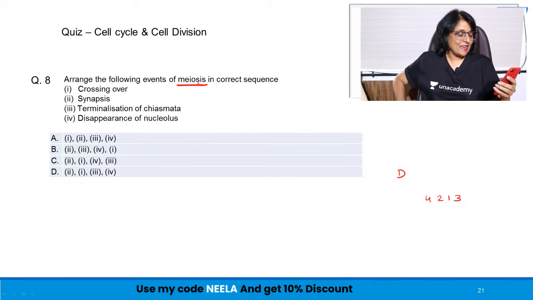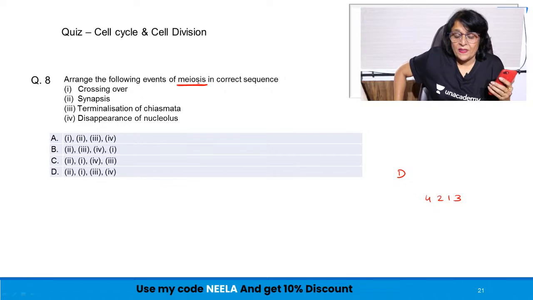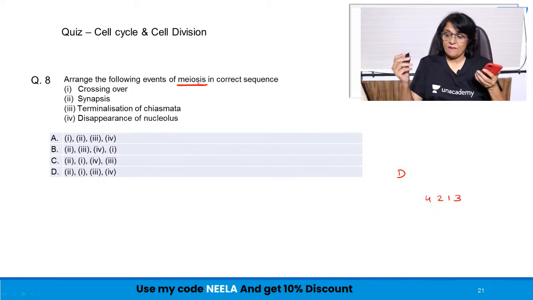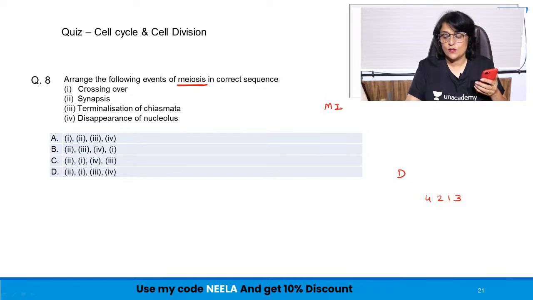All right, let us come back to the options. This is meiosis, and in meiosis we have meiosis 1. In meiosis 1, there is prophase 1.